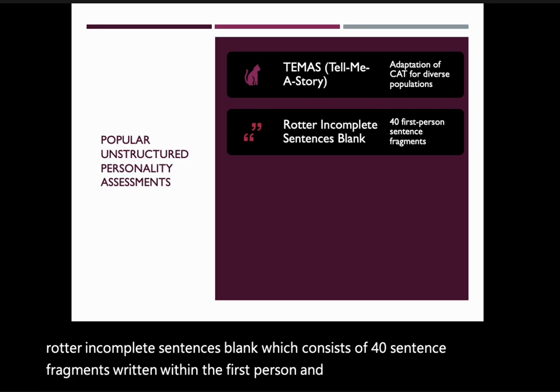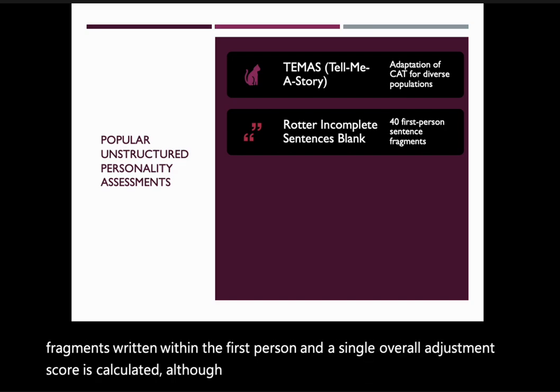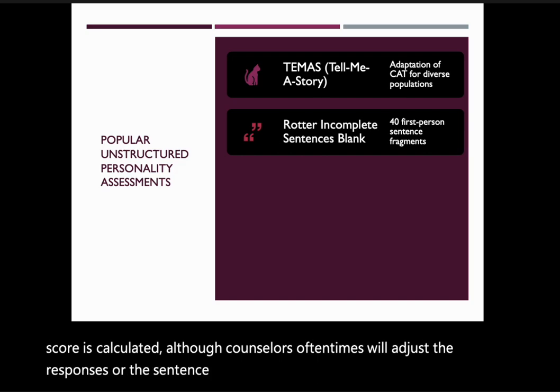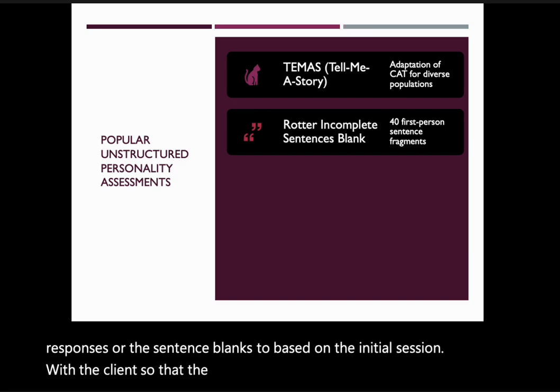And a single overall adjustment score is calculated, although counselors oftentimes will adjust the responses or the sentence blanks based on the initial session with the client so that the content that they're providing best matches the client's presenting concerns.